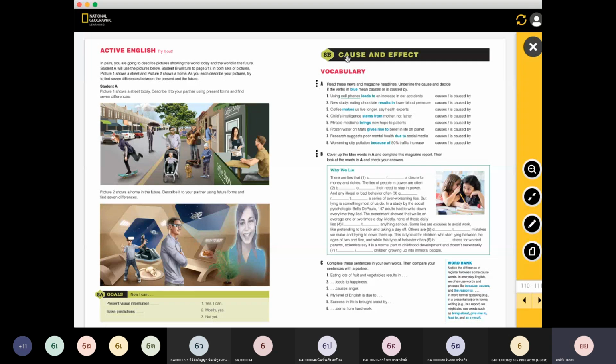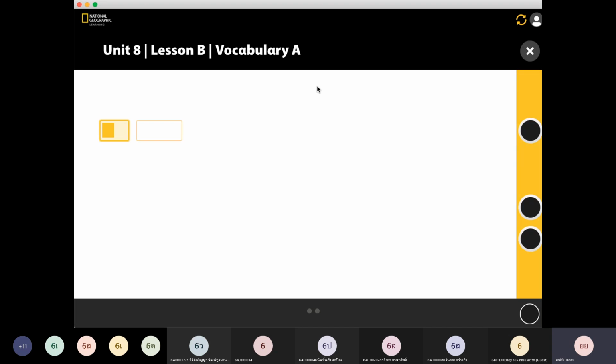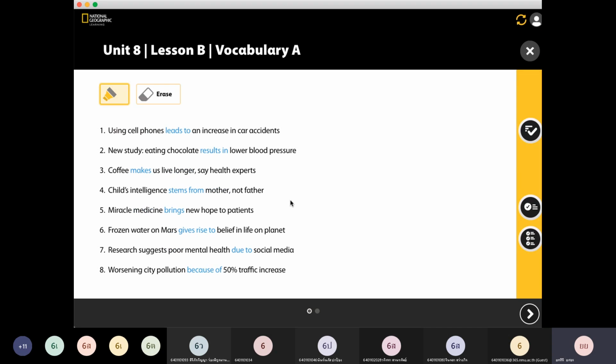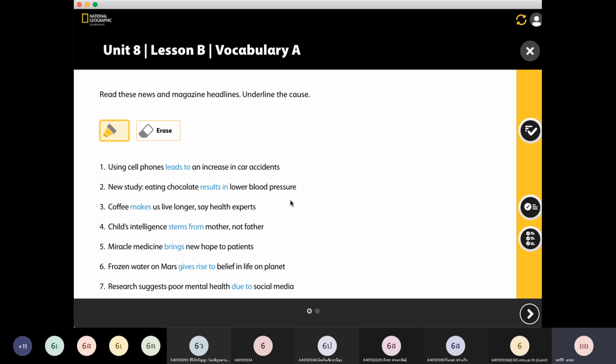There are many ways that you can explain the cause and effect. If you want to explain what is the cause and what is the effect, you can use these words.